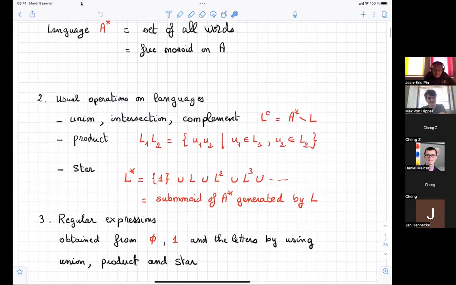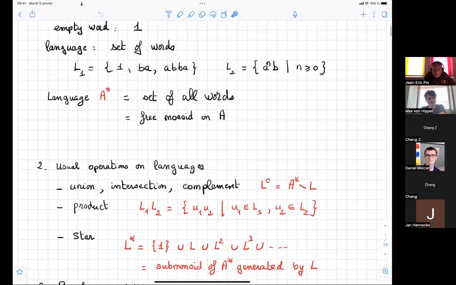So what are the usual operations on languages that I will be using? You have the so-called Boolean operations: union, intersection, complement, which I denote by L with a c as an exponent. The concatenation product is a component-wise product.